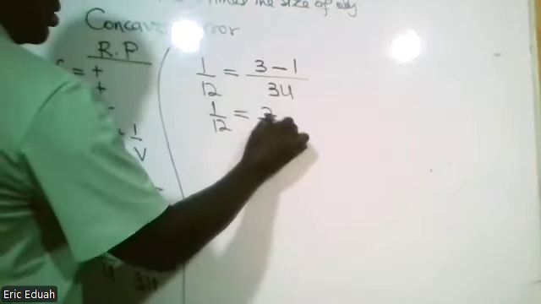So using the mirror formula, 1 on F equals 1 on U plus 1 on V, we have minus 1 on 12 is the same as 1 divided by negative 12. This is equal to minus 1 on U. U is negative.